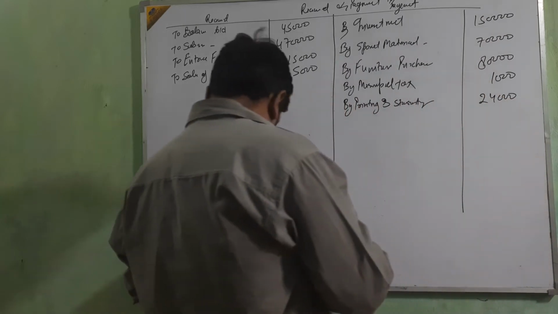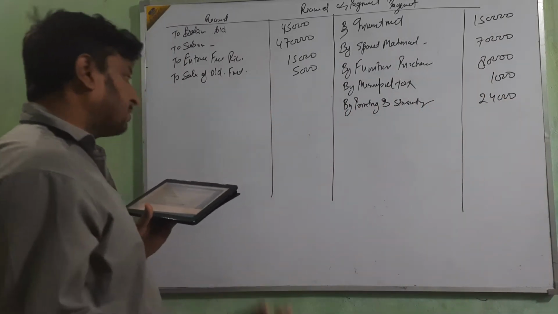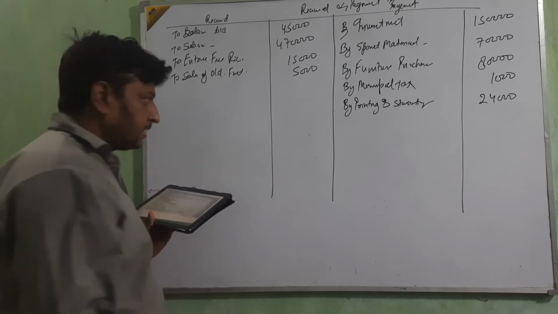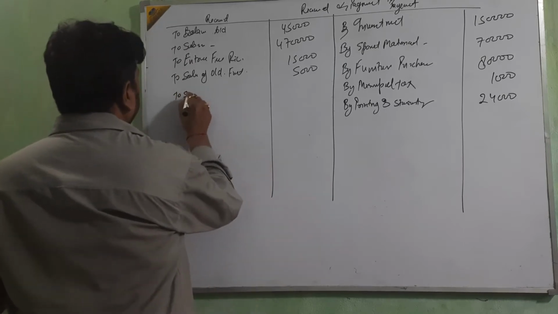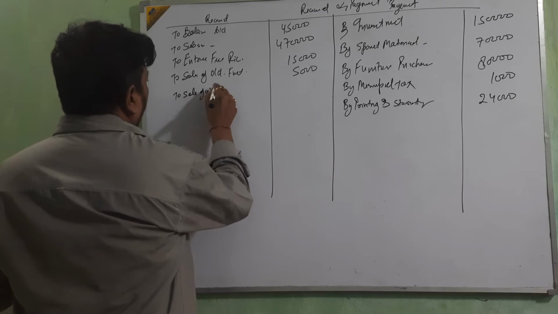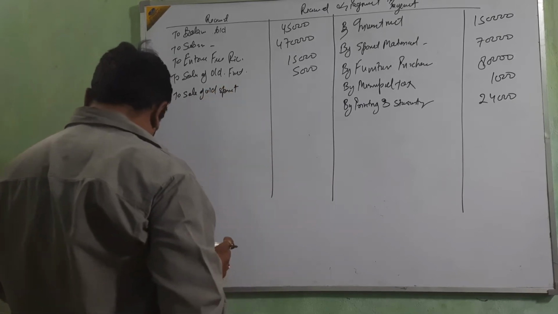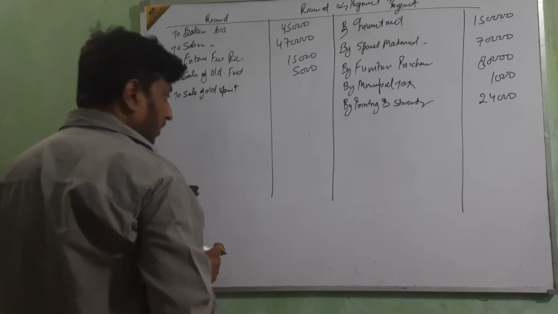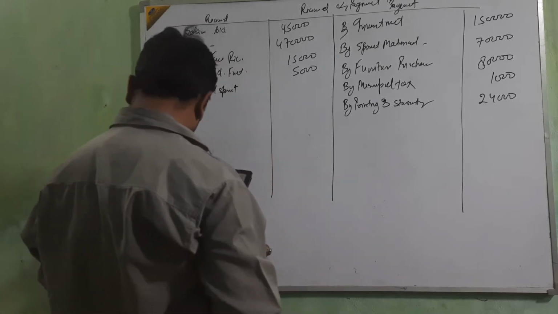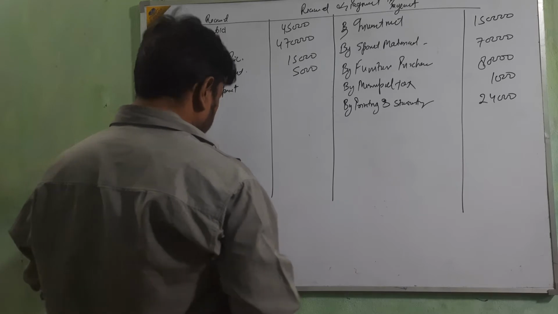Then sale of old sports material. You sell, and selling means income. Sale of old sports material, and that amount is 6,000.